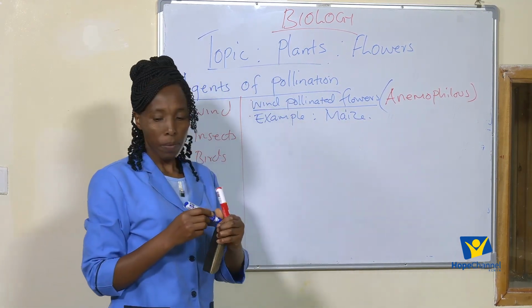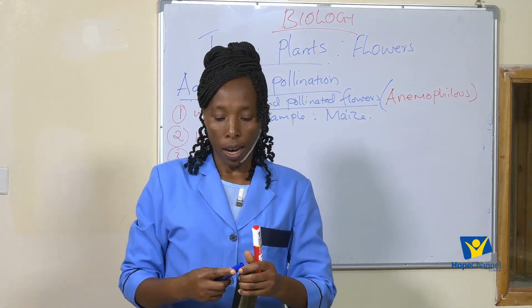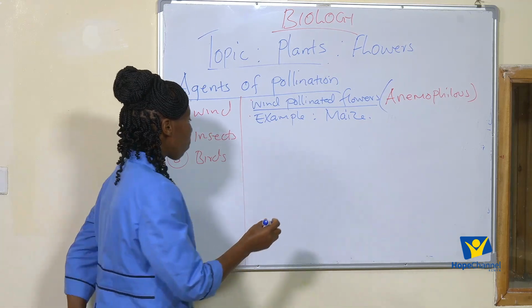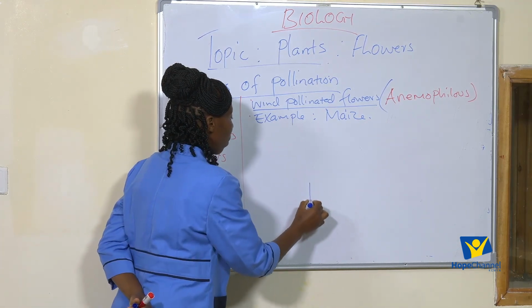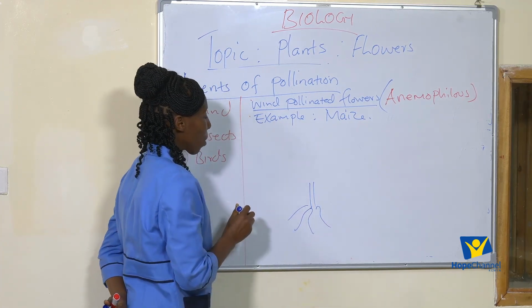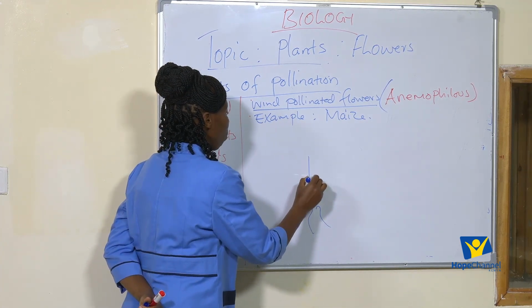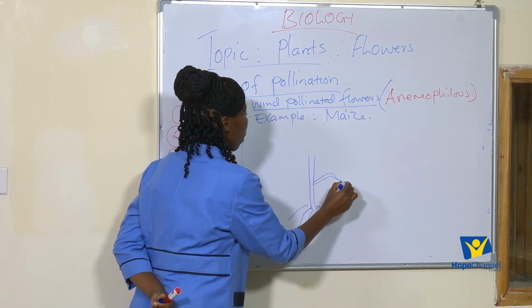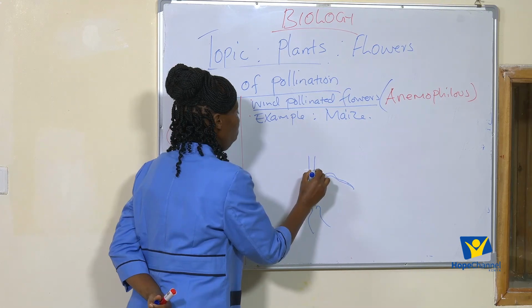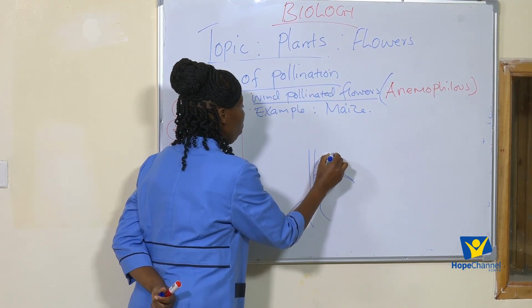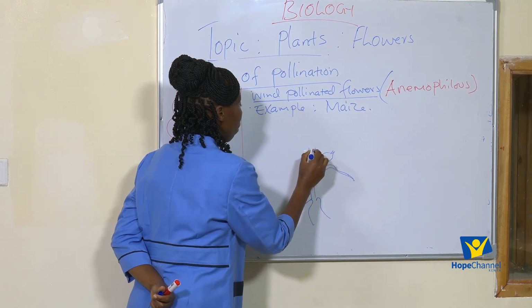If I was to draw the structure of a maize plant, if this is maize, what do we have here? We have the roots, we have the stalk, and somewhere here is where we have the maize cob. This is just a sketch.